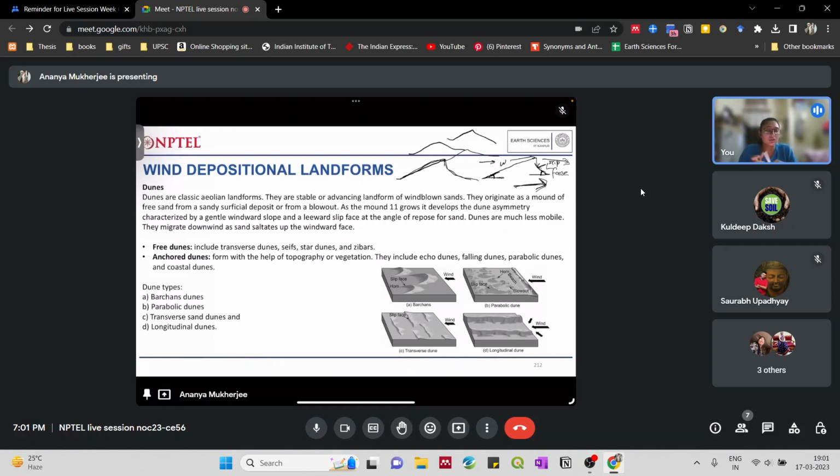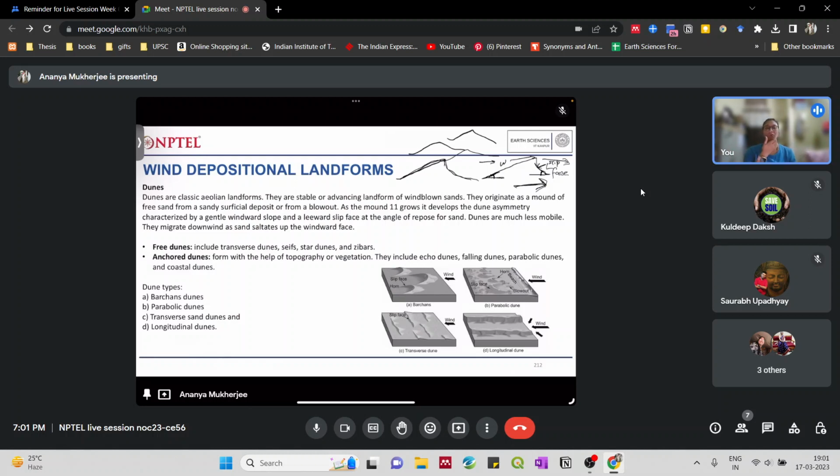Anchored dunes are anchored by the existence of a topography or vegetation. Suppose there is a vegetated land, it's holding on to the sand deposit over there. So the dune has formed, the vegetation is there, so the part of the dune that is held by the vegetation is not moving, but the sides of the dunes can move.